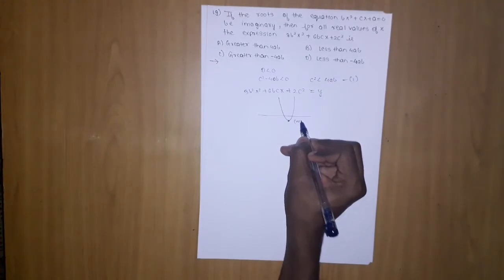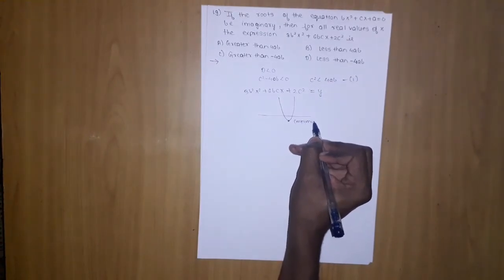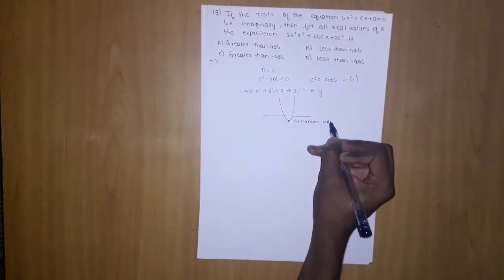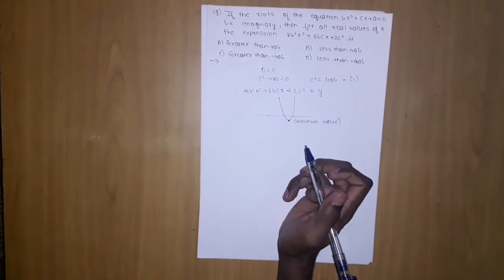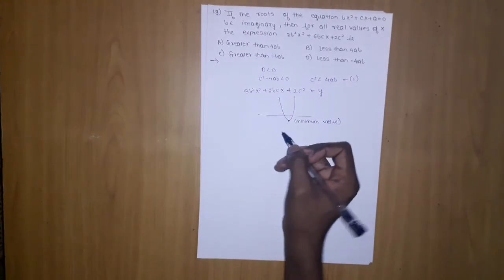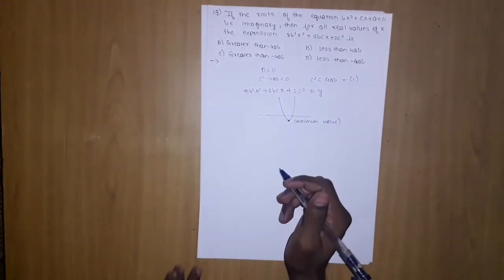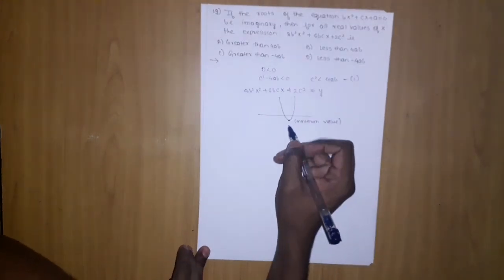Now in an upward parabola, we look at the minimum value. What will be the minimum value of this? It will be minus D upon 4a.